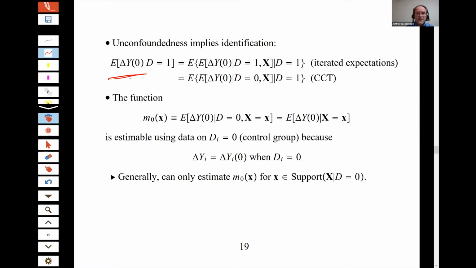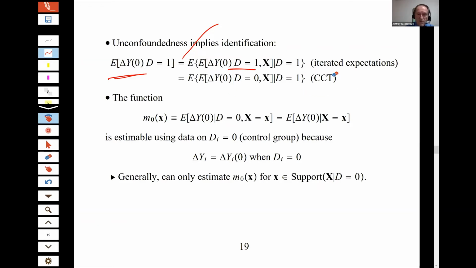And so the key step is going from conditioning on the treated subpopulation to conditioning on the control subpopulation. The first of these is the law of iterated expectations. The second of these is the conditional common trends assumption.